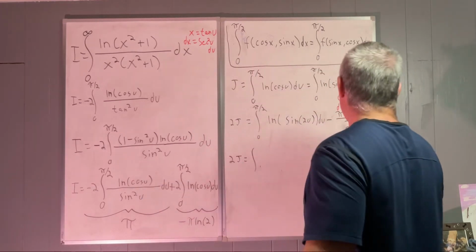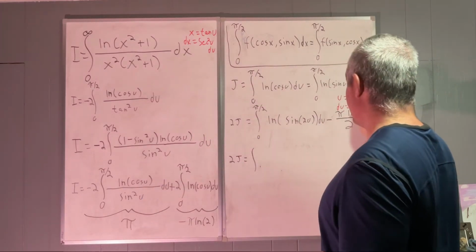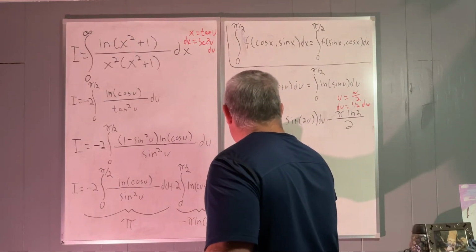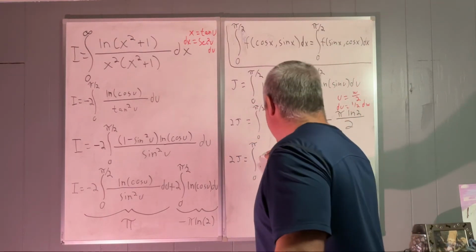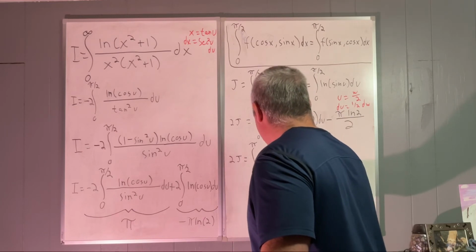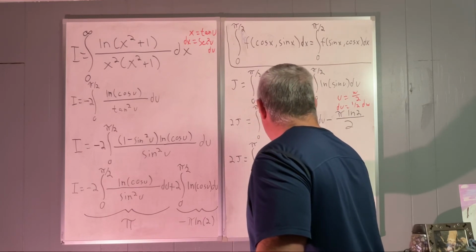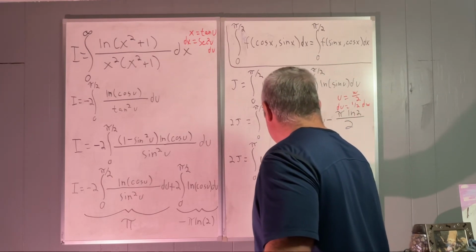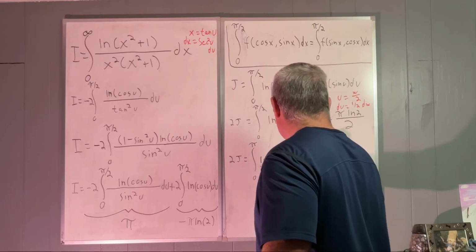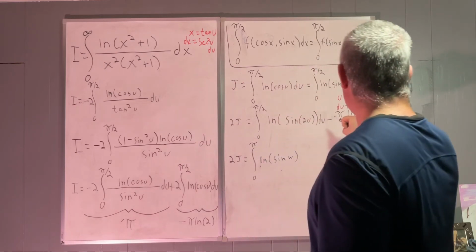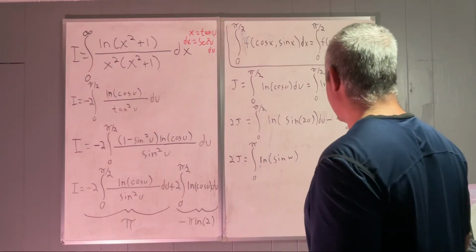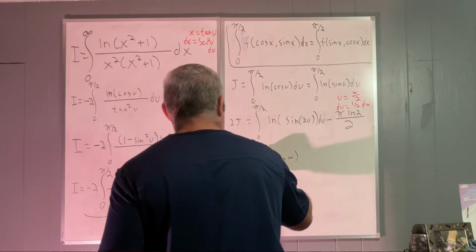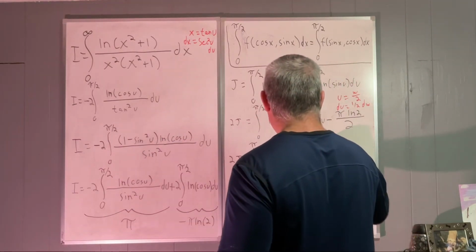Okay, so w is equal to 2u from that. So we actually have the integral from 0 to pi of the natural log of sine w. Du is 1/2 dw, so we'll just write that as 1/2 dw.